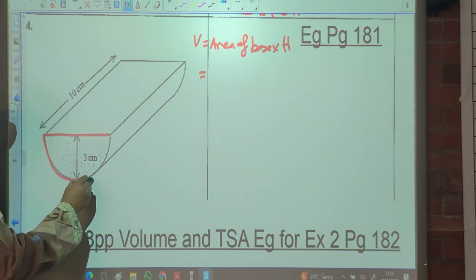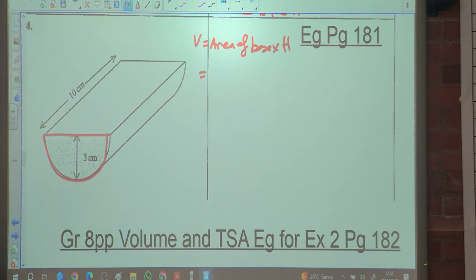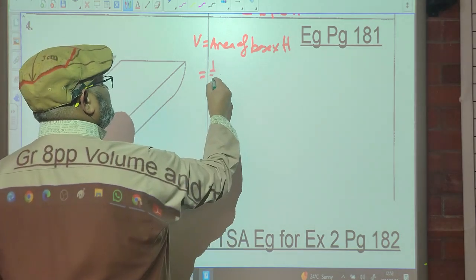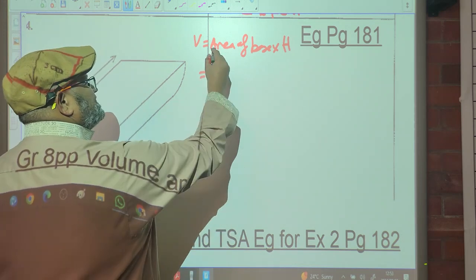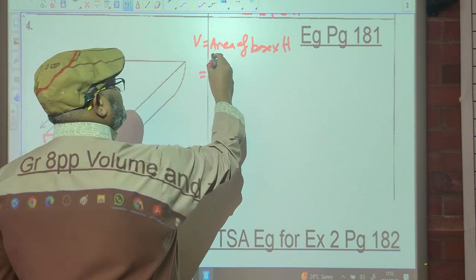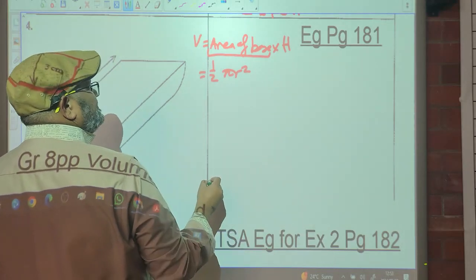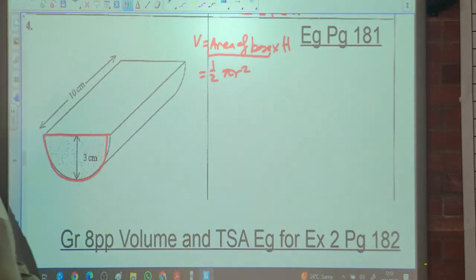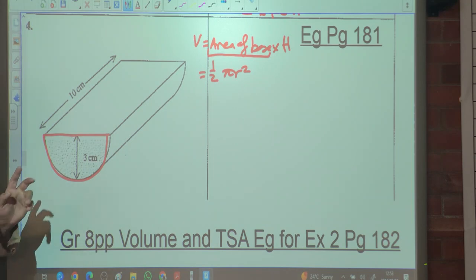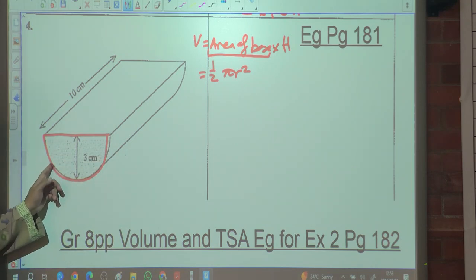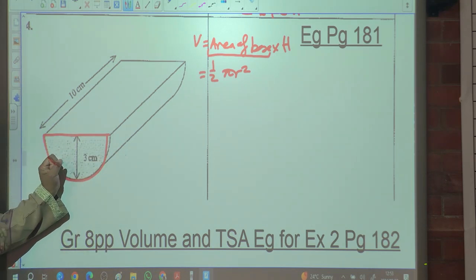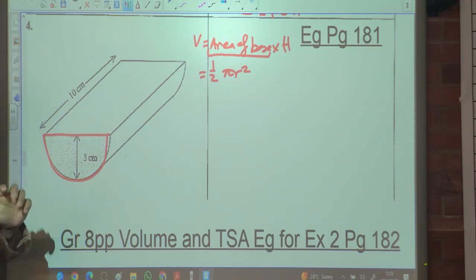It's a circle divided by 2. So it's going to be half area of circle, pi r squared. So again, the area of the base is going to be a semicircle. Can you see that? What's the area of a circle? Pi r squared. Semi, divided by 2.